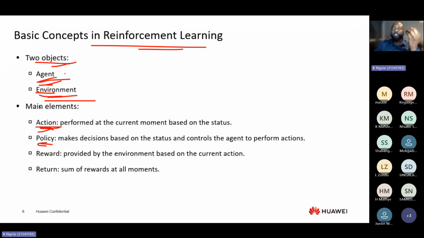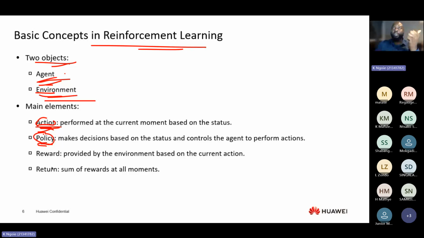So we have the agent that will take an action, and then we're going to have a policy, which is the rule that this agent needs to respect while it's taking these actions.